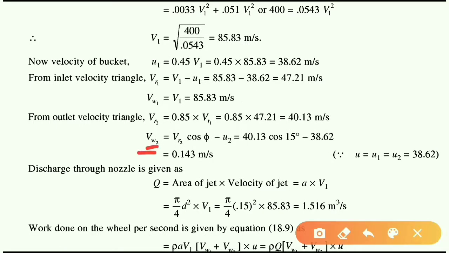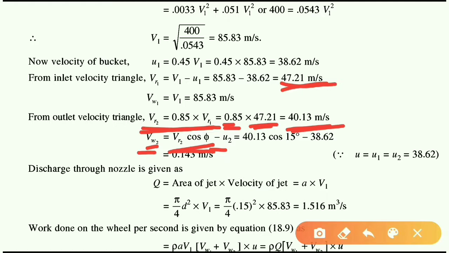Vw2 is equal to Vr2 cos phi minus U2. So what is Vr2? Vr2 and Vr1, we know their interrelation. Vr2 is equal to 0.85 times Vr1. Vr1 we have calculated as 47.21. Times 0.85, it is equal to 40.13.